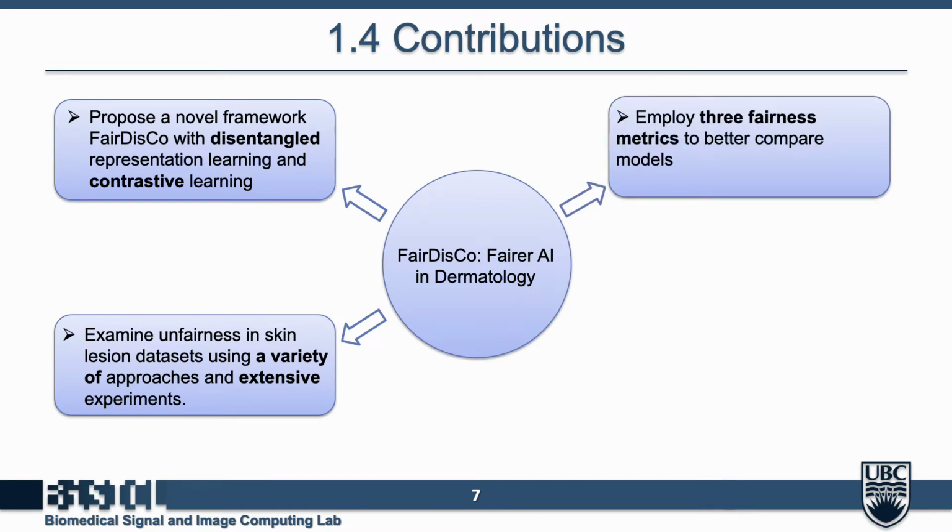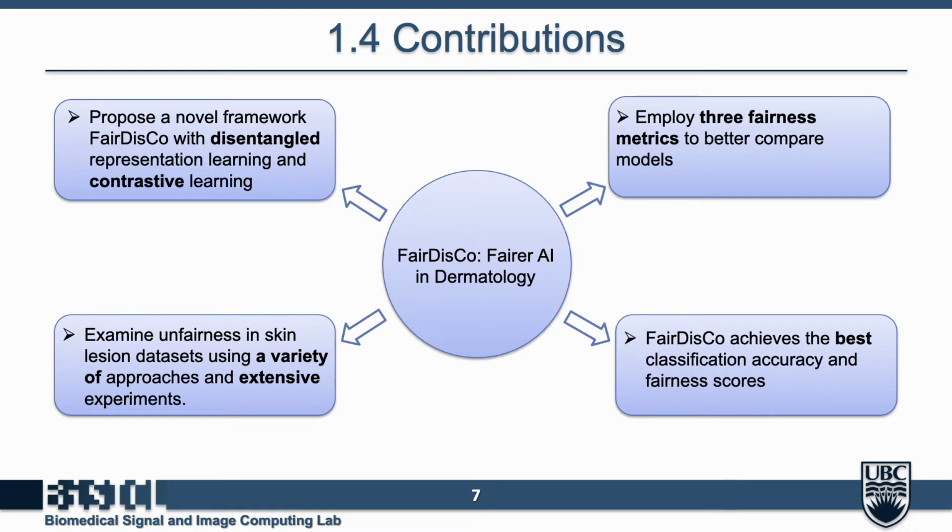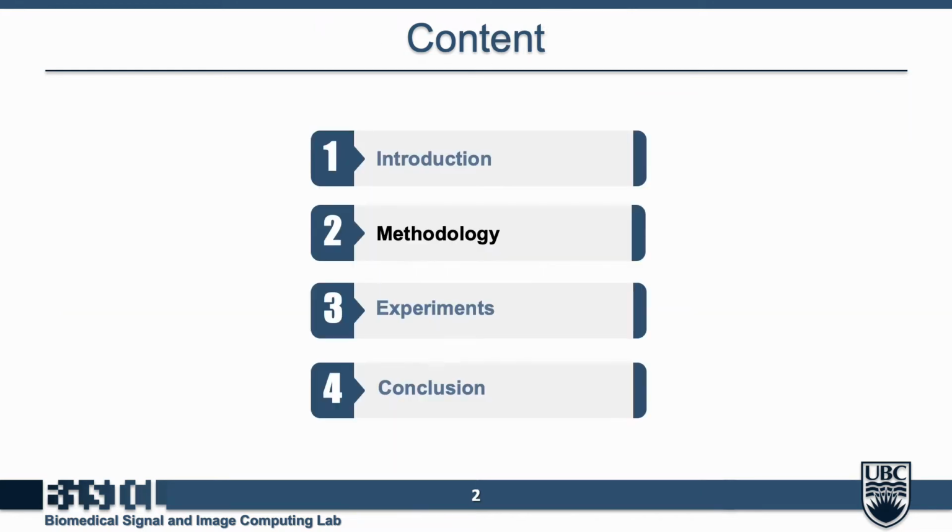We also employ 3 fairness metrics to better compare models, including 2 that we adapted from the binary sensitive attributes task. Finally, our FairDisCo achieves the best classification accuracy and fairness scores compared to other fairness-based methods and the baseline.